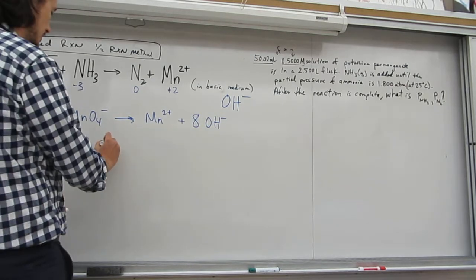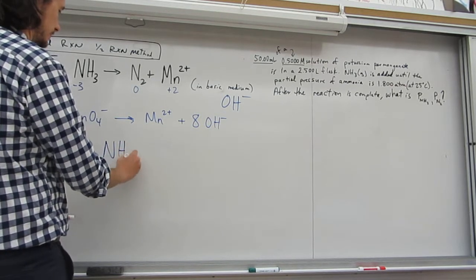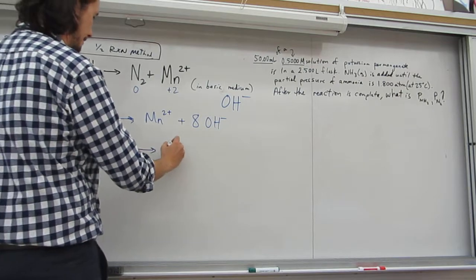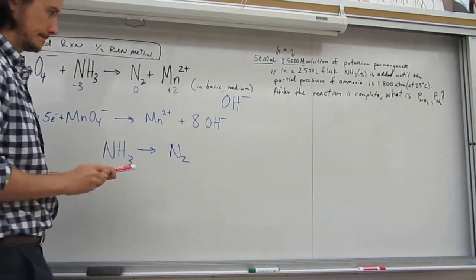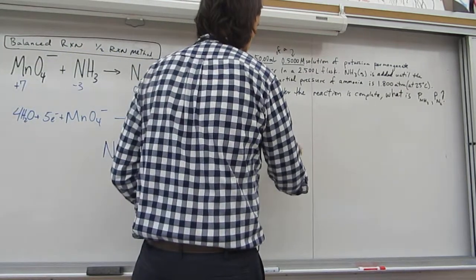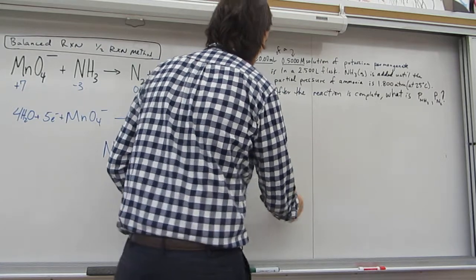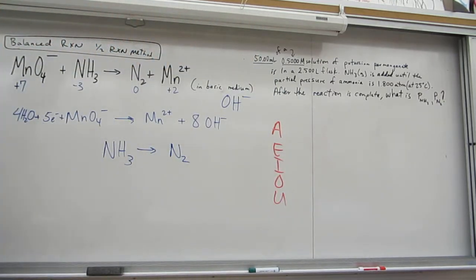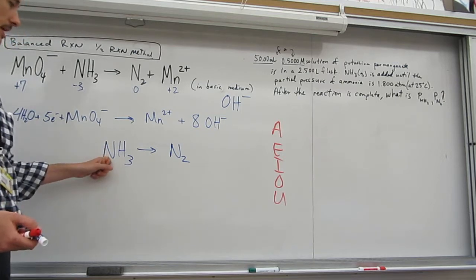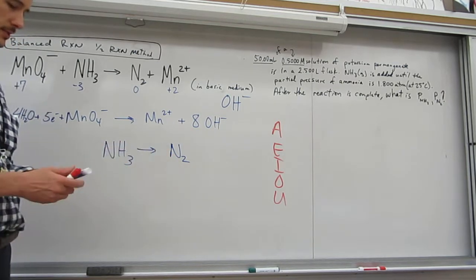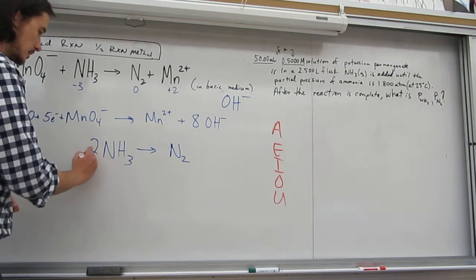Next thing is the oxidation. Pay attention to A, E, I, O, U. U is for unite, so we need both half reactions finished before we do that. We'll start with atoms. The reactant side has 1 nitrogen atom, the product side has 2, so we need 2.